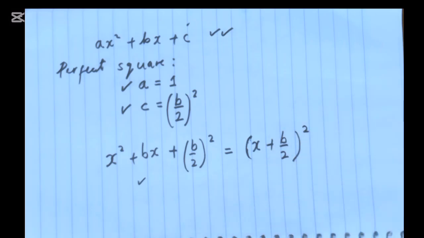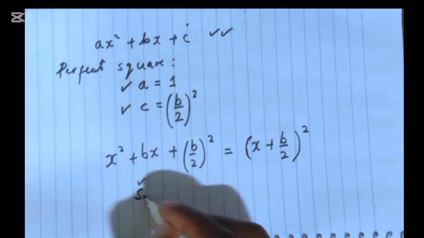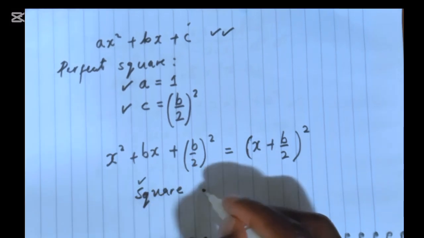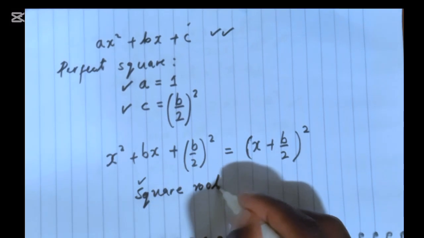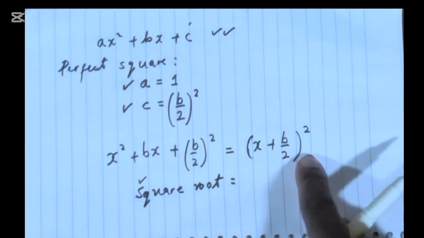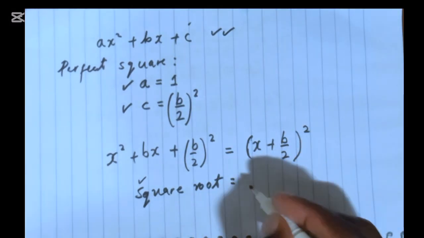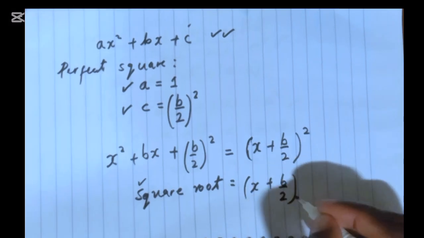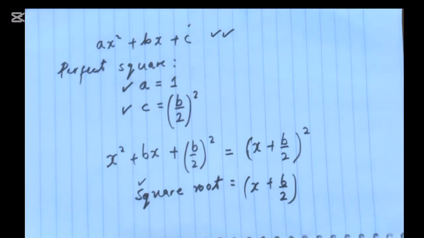So with this concept in mind, we realize that the square root of this particular perfect square of a quadratic expression will be x plus b over 2.